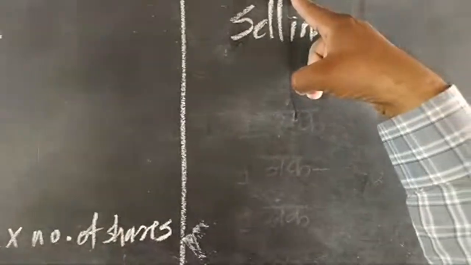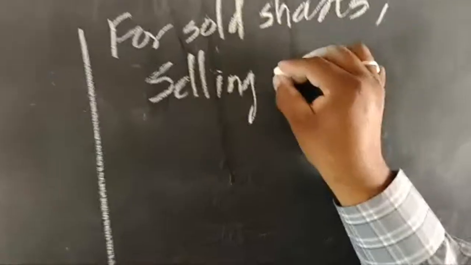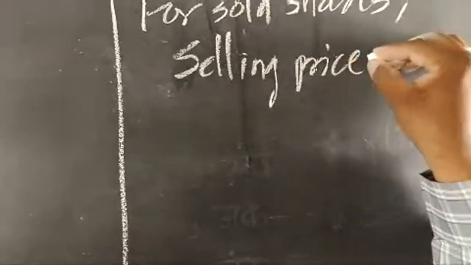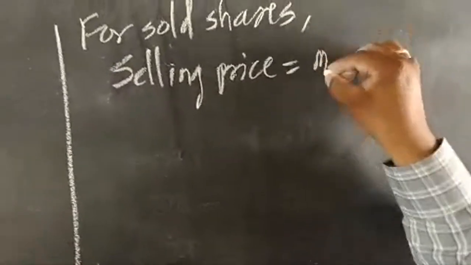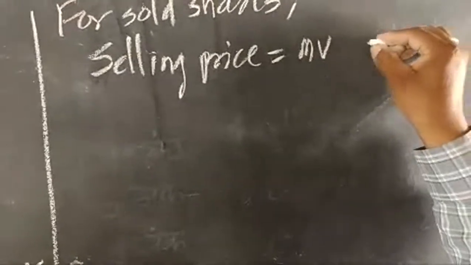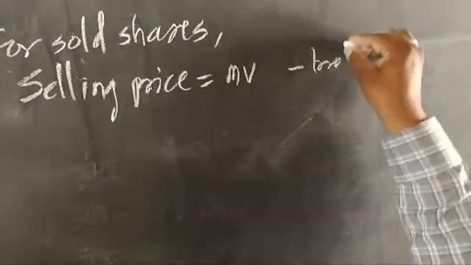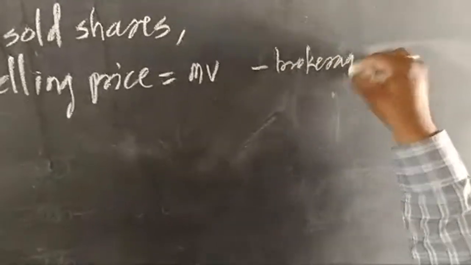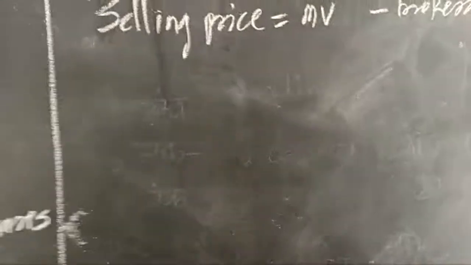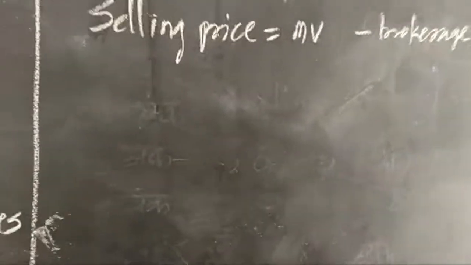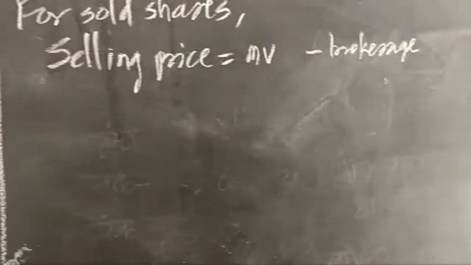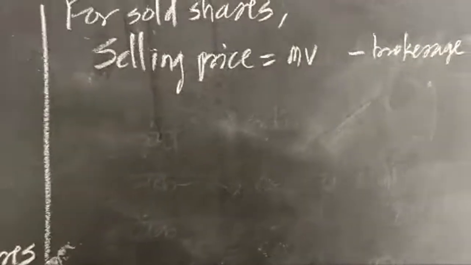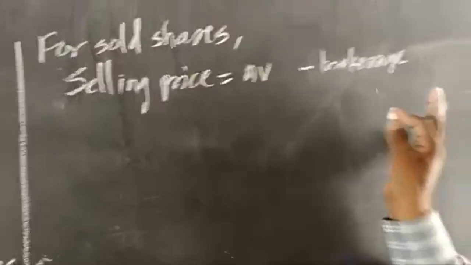After sold shares, we get selling price is equal to market value of 100 shares minus brokerage. And another word is important, minus GST, but GST is not given here. Is it correct? Yes. Therefore, that part is left out here.